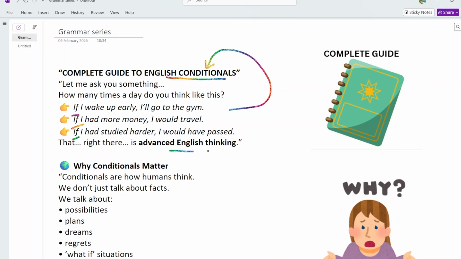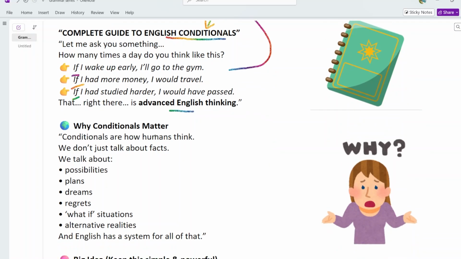Let's look at section number two for today. Why do conditionals matter really, and what is the whole concept? Just to give you a rough picture, conditionals are not just grammar rules, they are how humans think about real life. We don't just talk about facts, we also talk about possibilities, that is, what could happen.